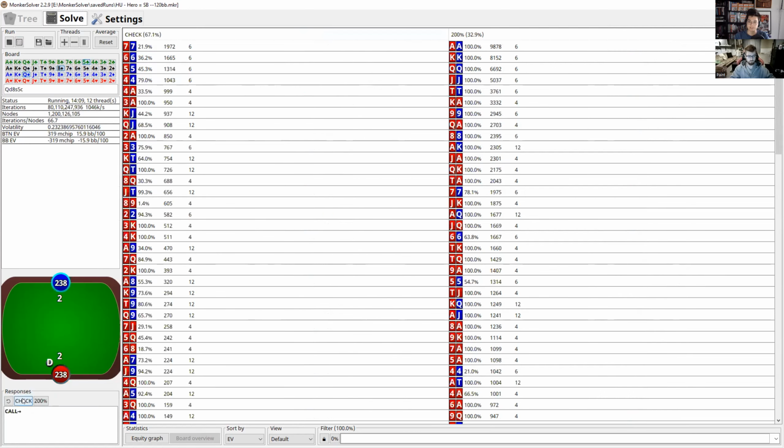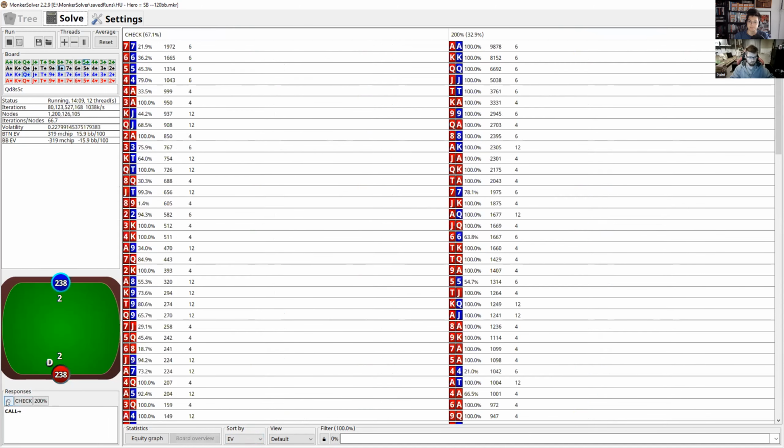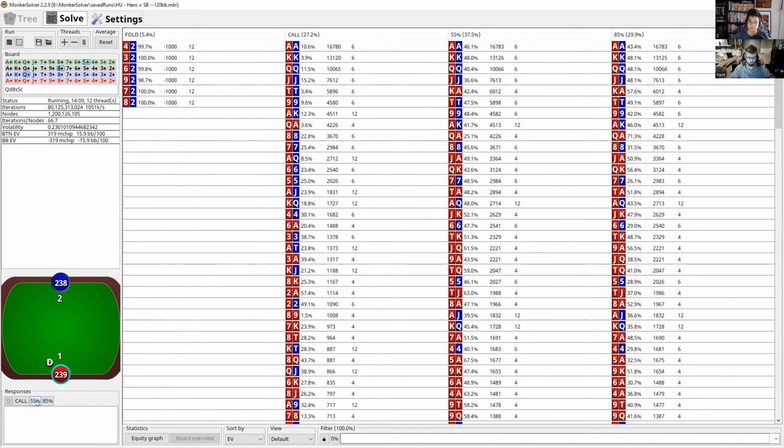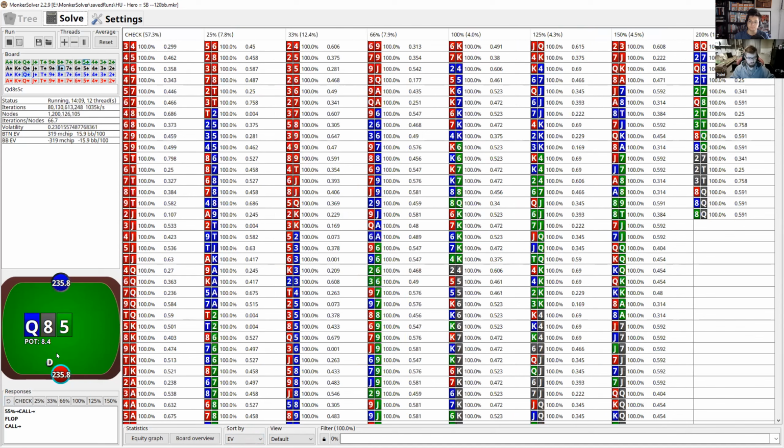Obviously it's not going to be great here, but you can see how the ranges play very quickly, and the frequencies on the same type of flop in different preflop lines. Okay, so this is the check, this is the limp pot, this is the small raise and call, and you look at the sizes.